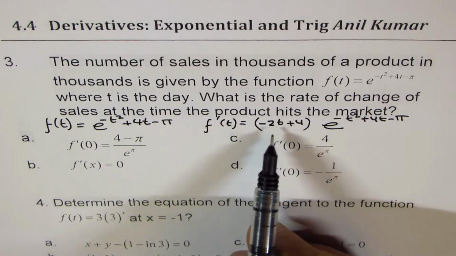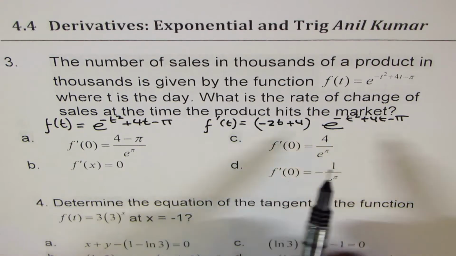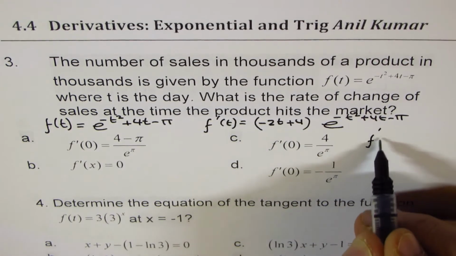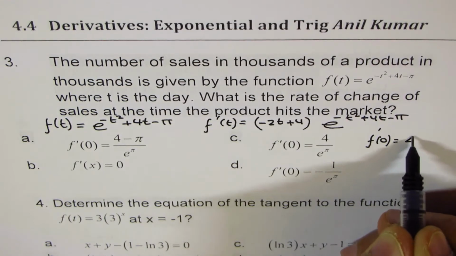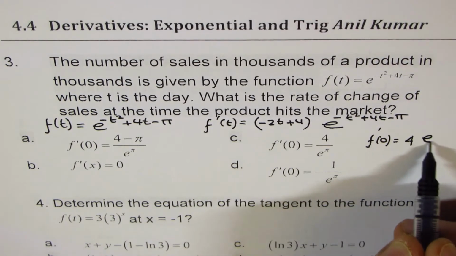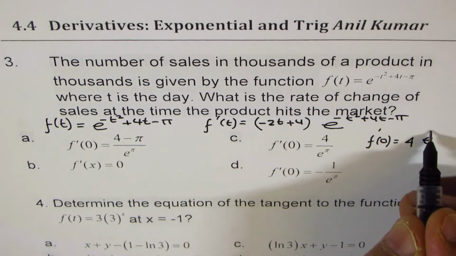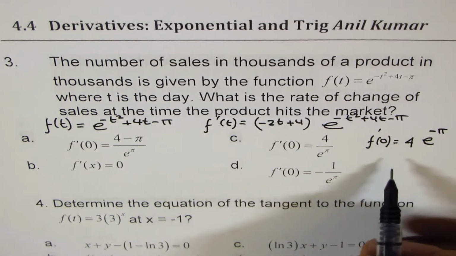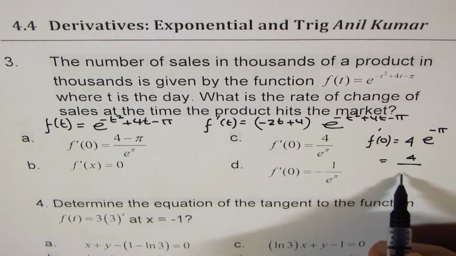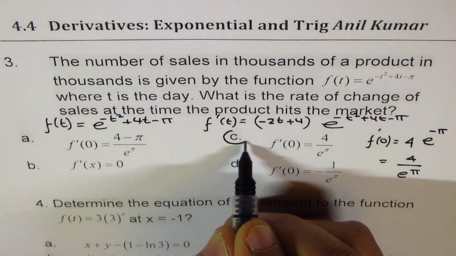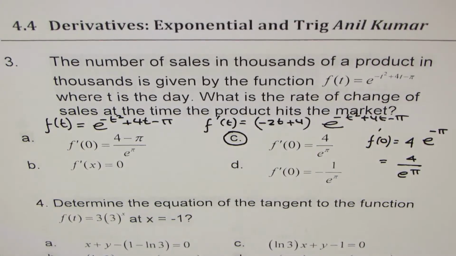If t is 0, we get the number 4 here. So f dash of 0 is 4, and we get e to the power of minus pi. So we get 4 over e to the power of pi as our answer, which matches with option C.